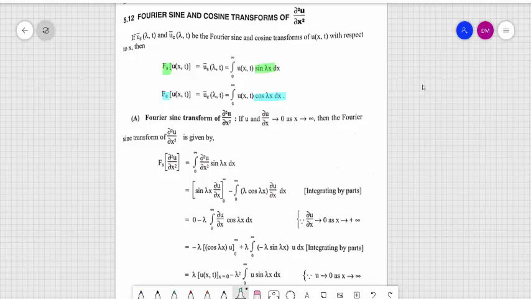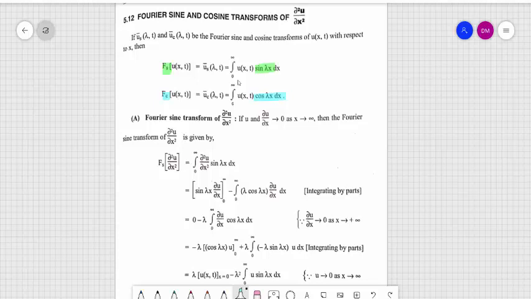How to find the Fourier sine transform of ∂²u/∂x²? Again we have to take these assumptions. I am telling again and again, these assumptions the mathematician Fourier made for his or our convenience. See how this assumption works. As x tends to 0, there is no question of x tending to minus infinity, because the domain is 0 to infinity, the positive interval of x.